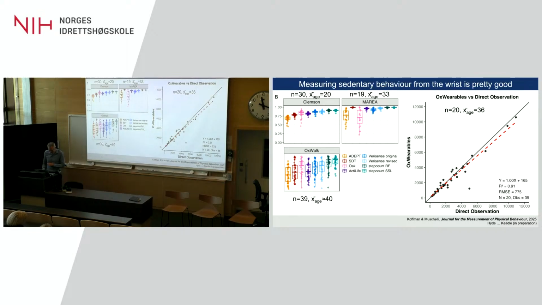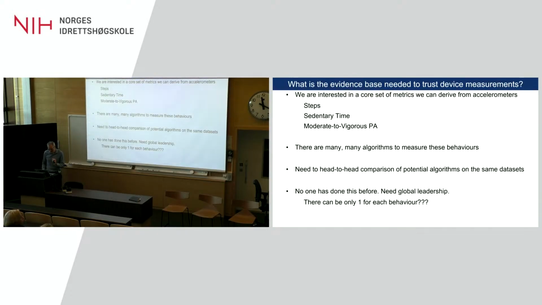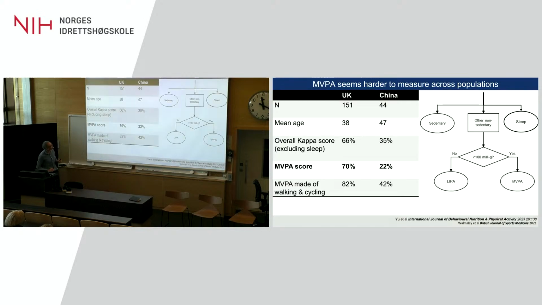Oh, I didn't paste in the right image here, but there's a paper from Chuck Matthews I wanted to show, so I was putting this together in the last slide. The measurement of sedentary behavior seems pretty good from the wrist, but what we're a little vexed about is, sorry, I'm on the wrong slides, back to this example I showed earlier this morning of the MVPA assessment.